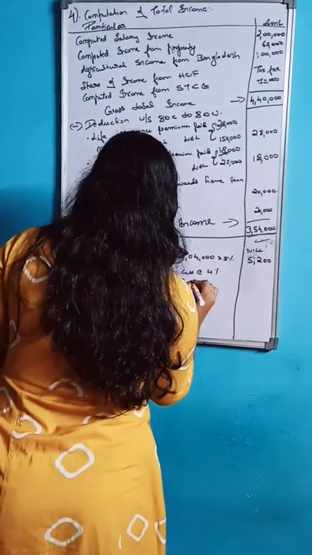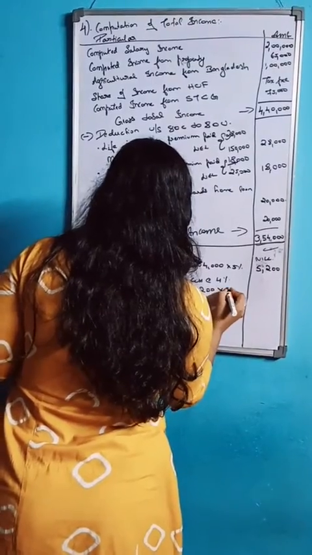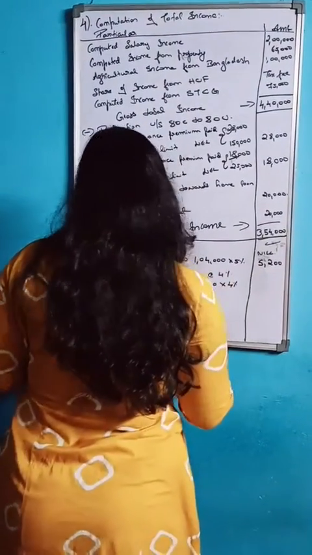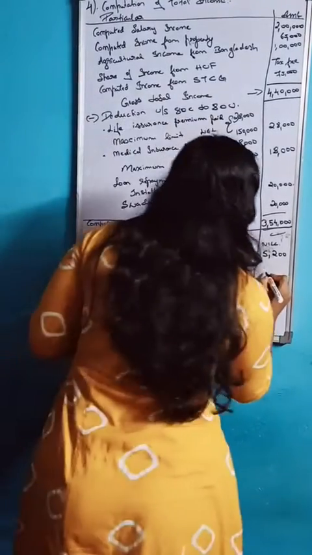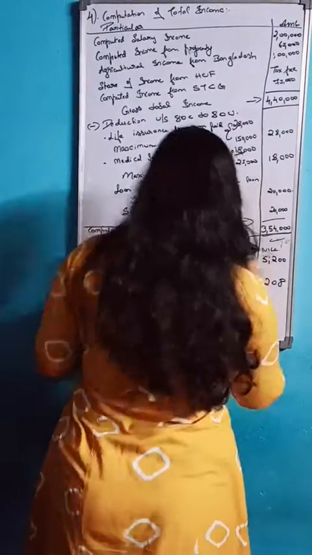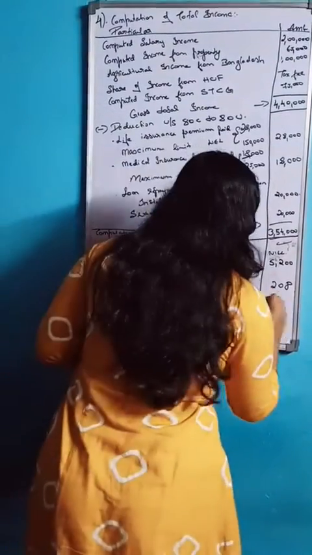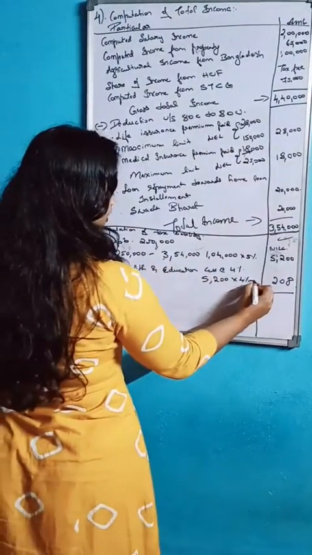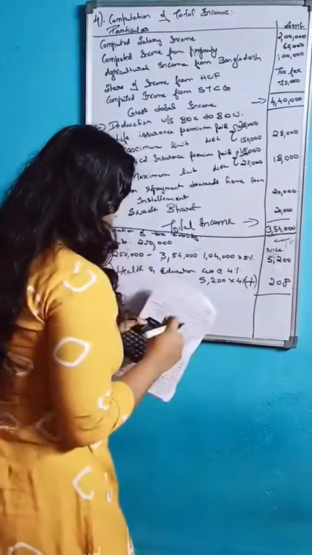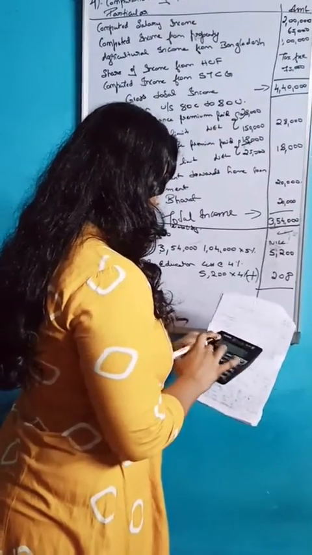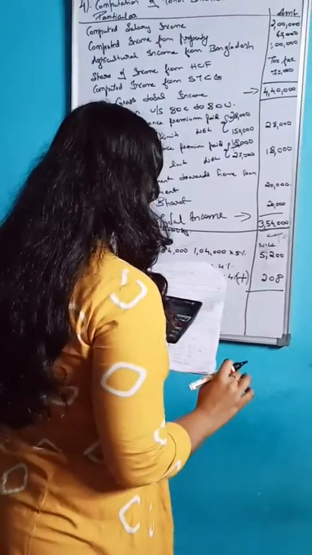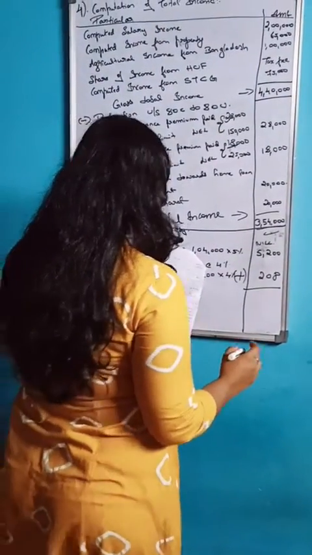So 5,200 into 4%, you will get 208. Okay, and you should add this answer. So 5,200 plus 208, you will get 5,408.